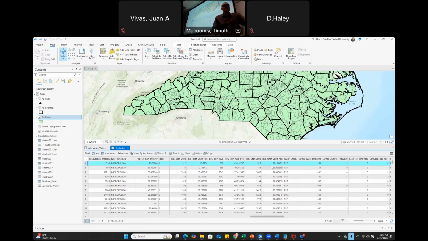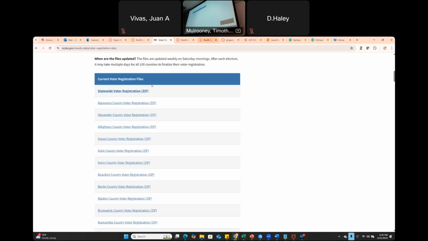Now, if you were to bring in statewide voter registration, you're bringing in a big text file, because these are originally text files, like 7 million records. And you'll group them by zip code. Because next week, what we're going to do is something called data cleaning.